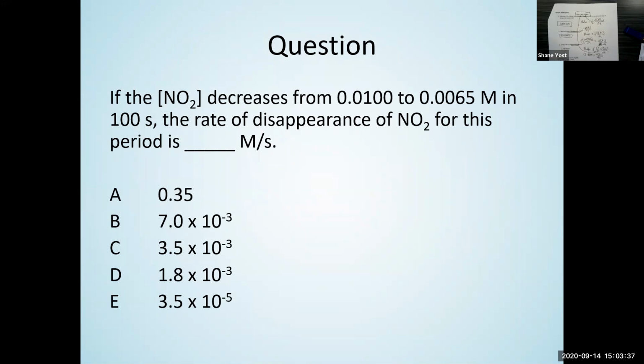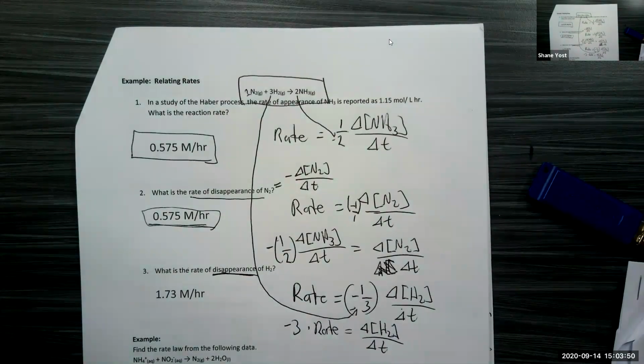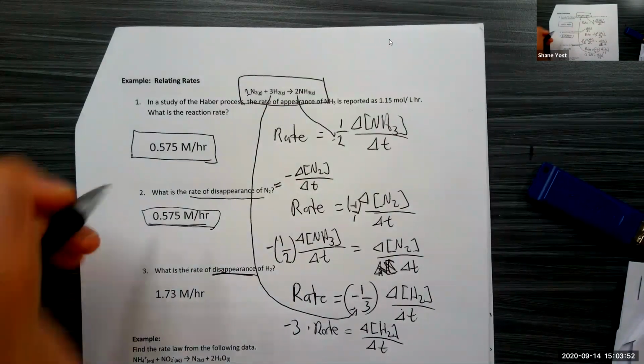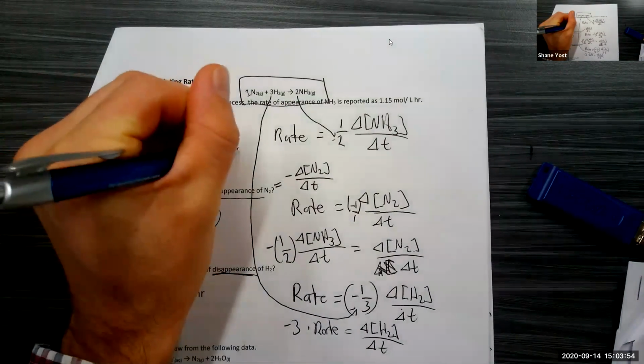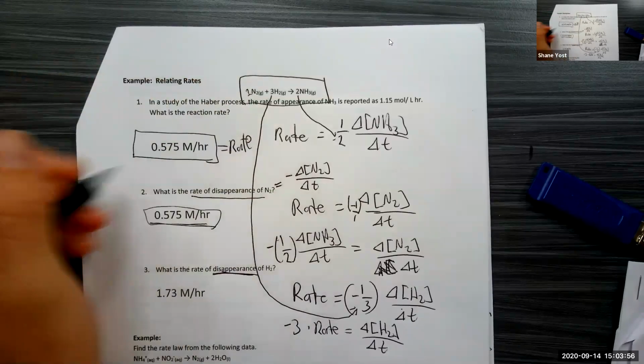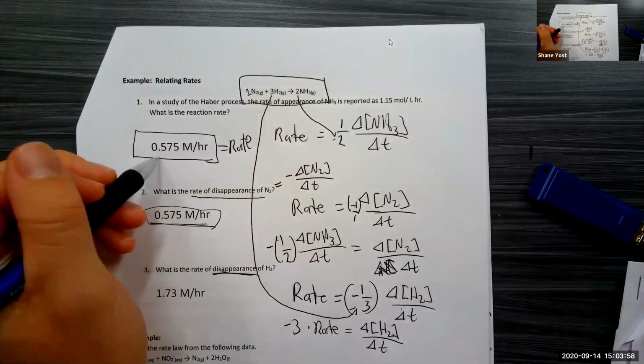Oh, what am I multiplying 3 with? Let me go back to that real quick. Here is the rate. We found the rate of the reaction, 0.575.